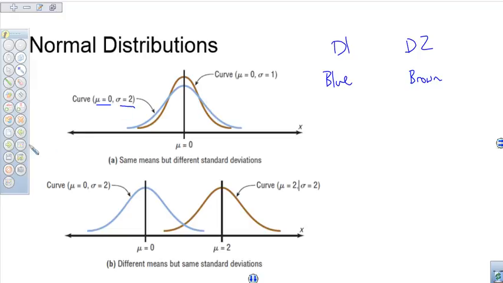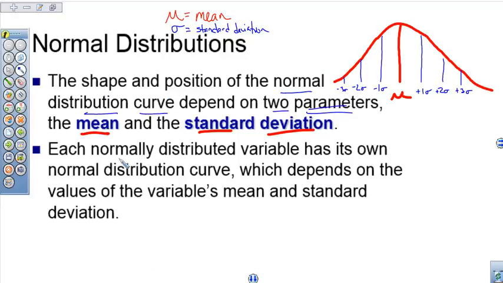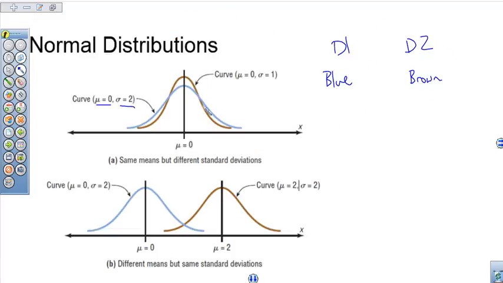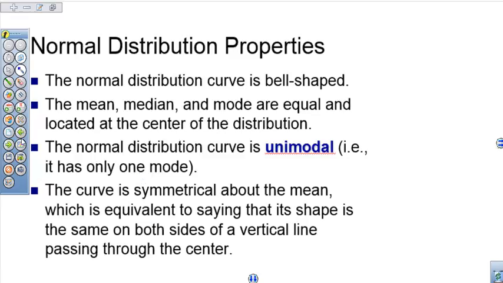So what they're trying to say in this sentence is each normally distributed variable has its own normal distribution curve. Brown and blue, each normal distribution curve has its own unique situation.